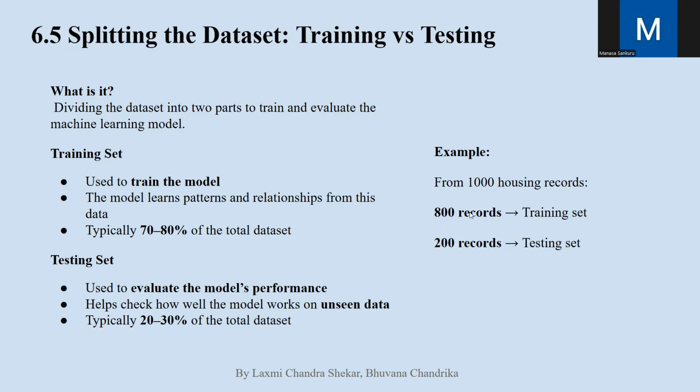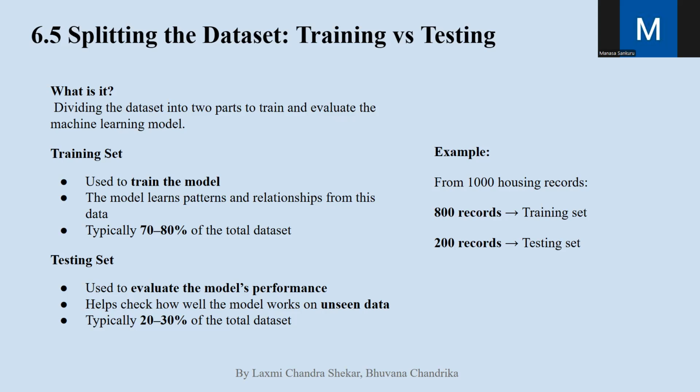With these 800 it is going to learn, and we are going to test how well it learned with these 200. How will we know that? How will we be doing that? We'll learn in the further modules.